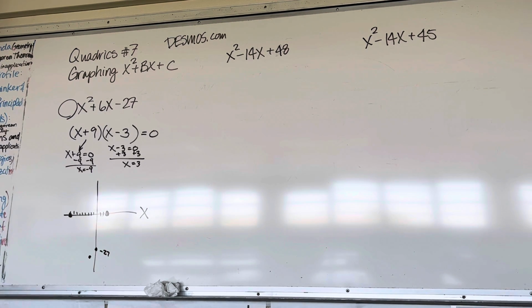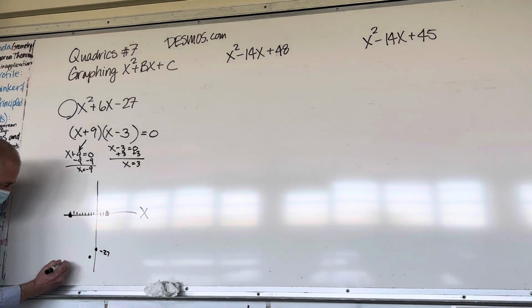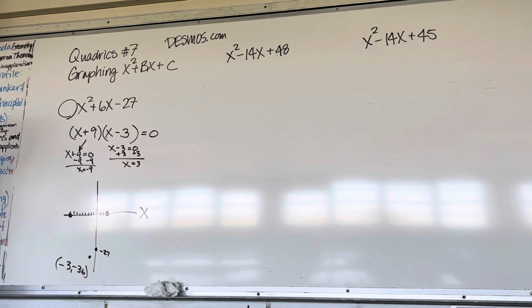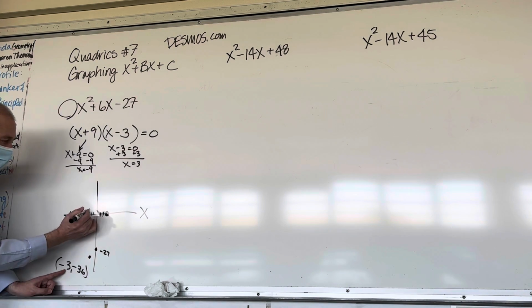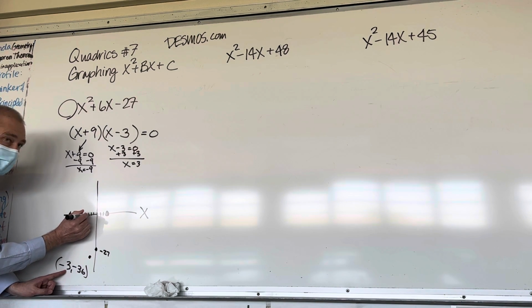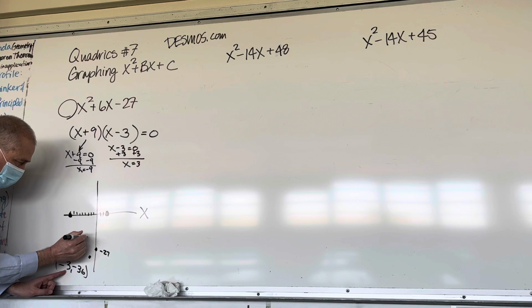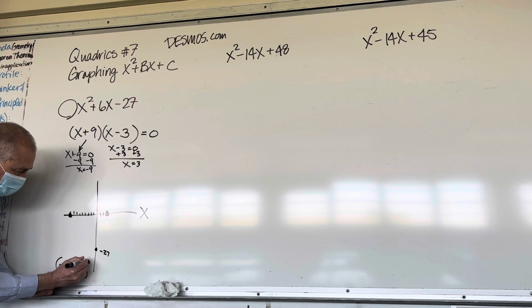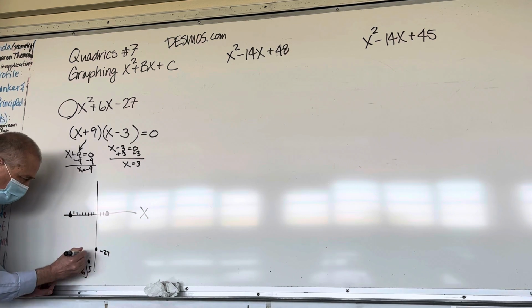-3, -36. Do you remember plotting points? The x comes first, it's x comma y. So -3, you go 1, 2, 3 to here, and then -36, you drop all the way down. I got a little off here. I don't know where it is. It's somewhere down here, right? This is my point here. -3, -36.